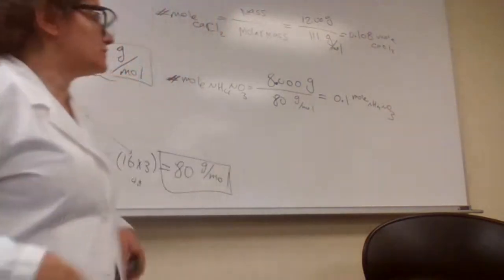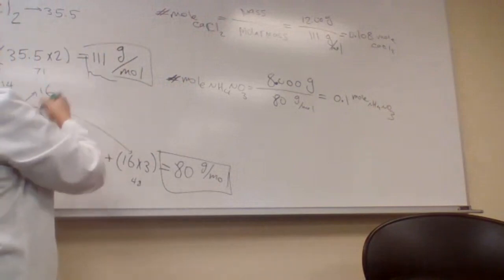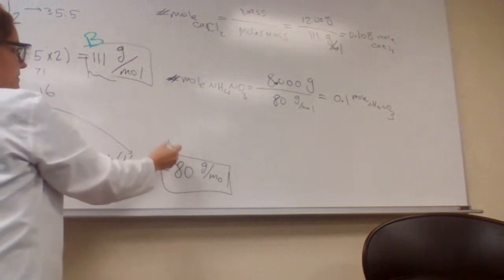Oh, formula weight of the salt. This is B. That's for the calcium chloride. Yes, we did do the calculation. This is the B and this is B.